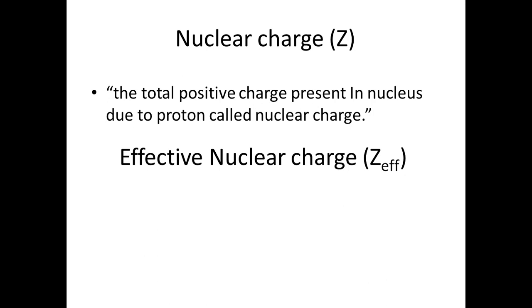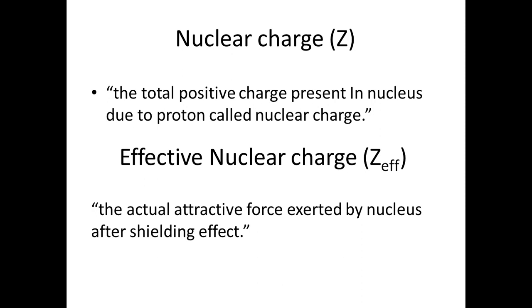That shielding is denoted by sigma here, and if we see the formula, then Z effective is equal to Z minus sigma. This sigma represents the shielding factor. Sigma represents the decrement in the total attractive force. Okay, the actual attractive force exerted by the nucleus after the shielding effect.